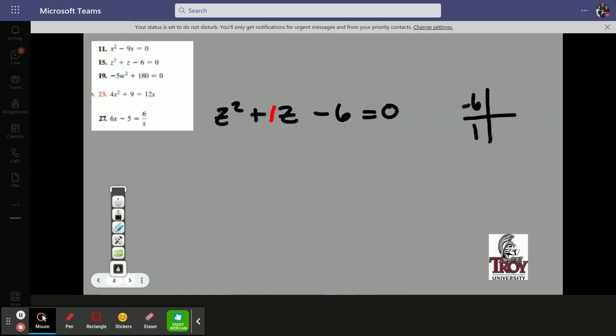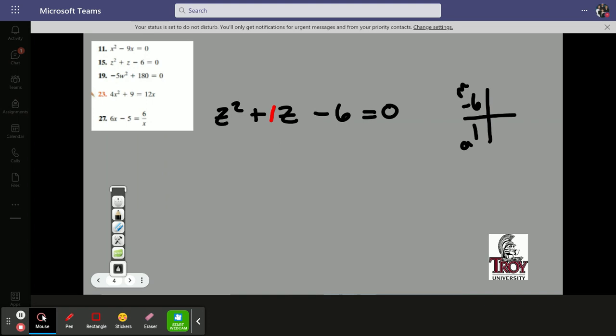What can I multiply that will give me a -6 if I add it up, get a positive 1? If I multiply, I get -6. But if I add, I get a 1.